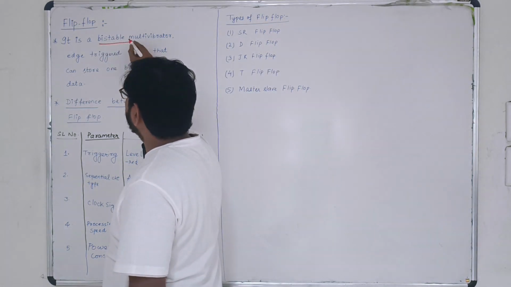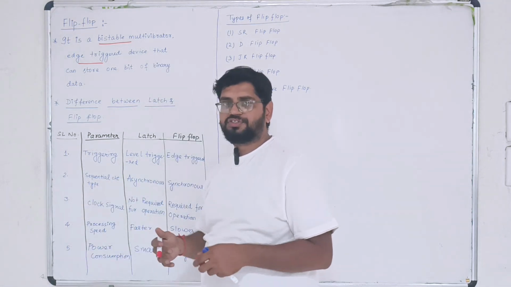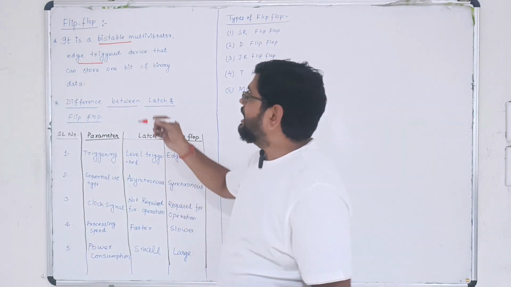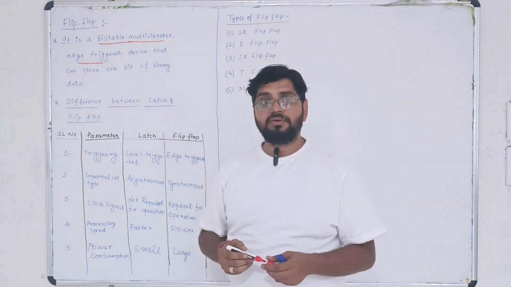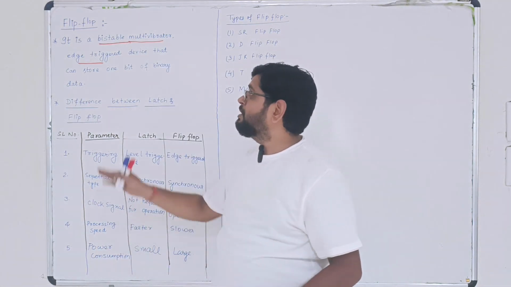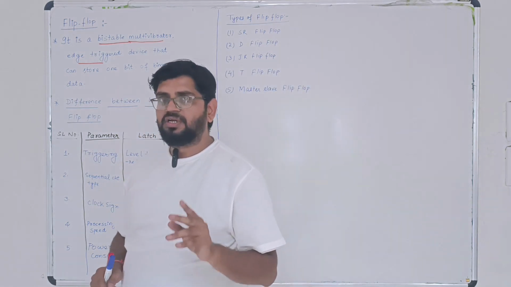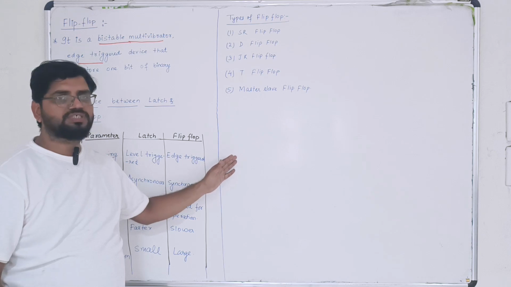What is bistable, what is edge triggering, and what is the function and how it is storing the data. So bistable multivibrator means it is a kind of device in which both the states are stable states. The best example of a bistable device is a switch. If you are going for a normal switch, there are 2 states which are stable.